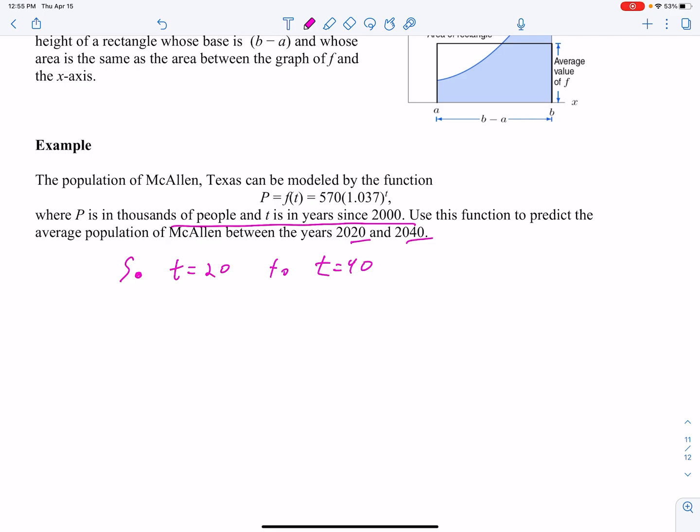Using the equation, the average is 1 over b minus a, the bigger number minus the smaller, so 40 minus 20, times the integral from 20 to 40 of f of t dt.